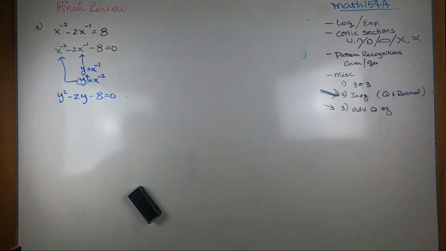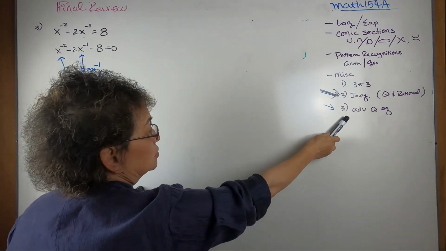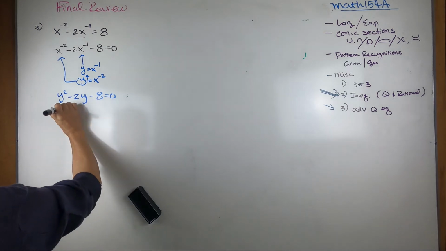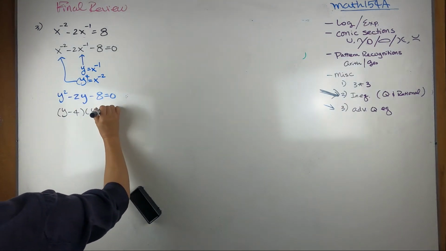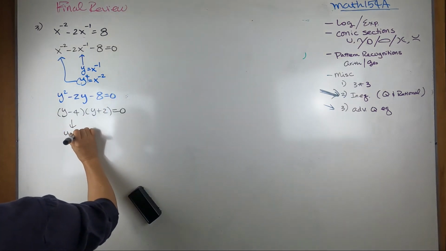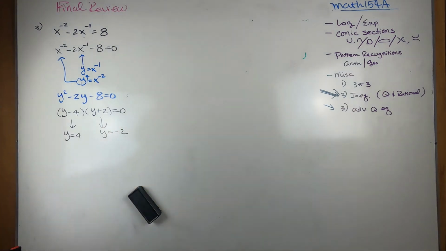Then quadratic equations. That's what we are doing, advanced quadratic equation by transforming them back to a quadratic equation. Then you do your factoring. Then we have what? y equals 4, y equals negative 2. But remember what was your original question?